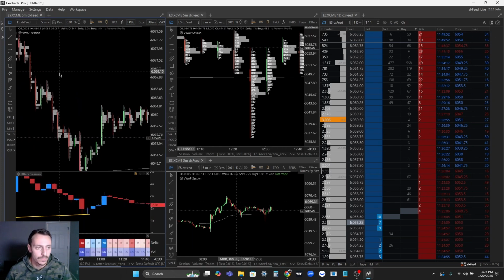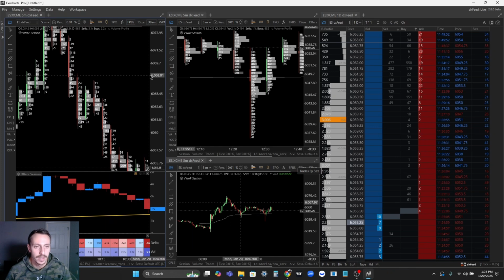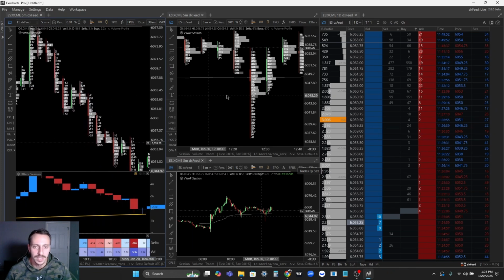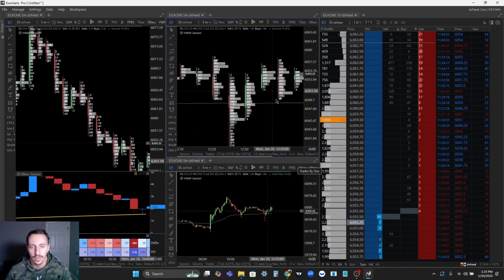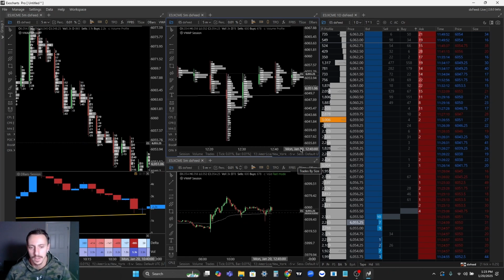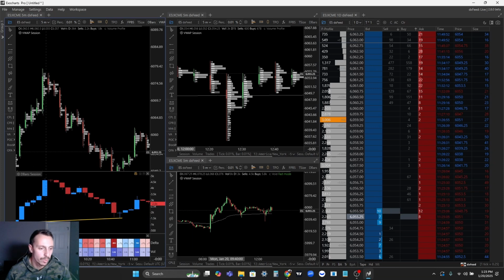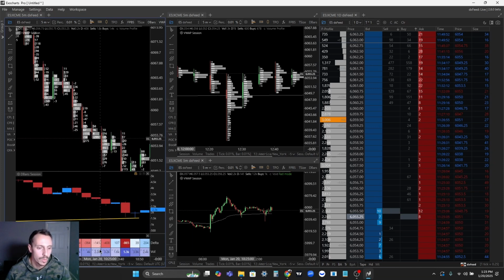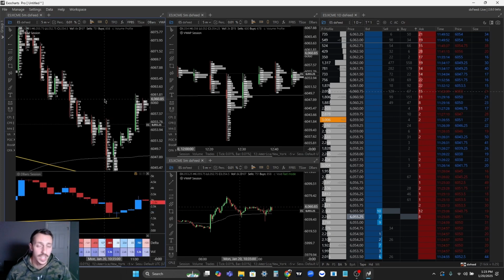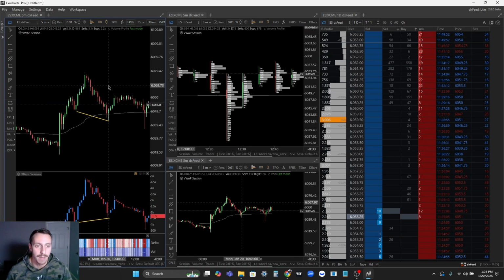So I have a delta footprint chart here, showing me the delta inside these candles, and a volume footprint here that's showing me the volume inside these candles. And then we have our CVD indicator, and our footprint bar statistics. So it's showing me the delta of each candle at the top here, and the volume at the bottom here. So that's all I'm using with this strategy, and it's been absolutely game changing.